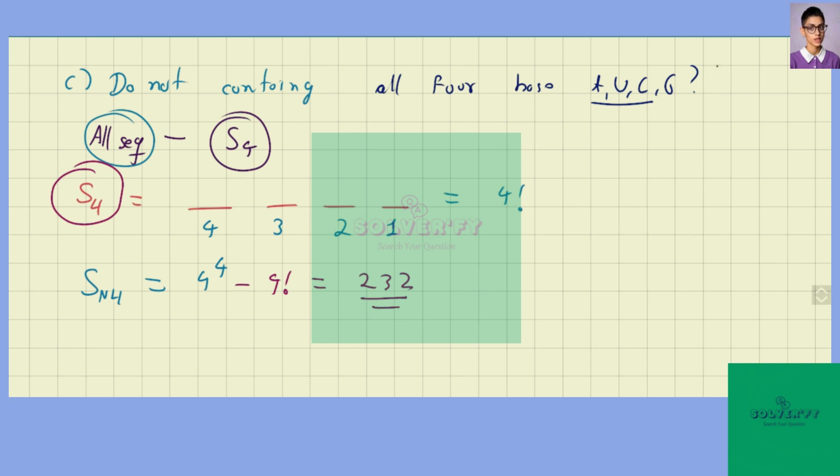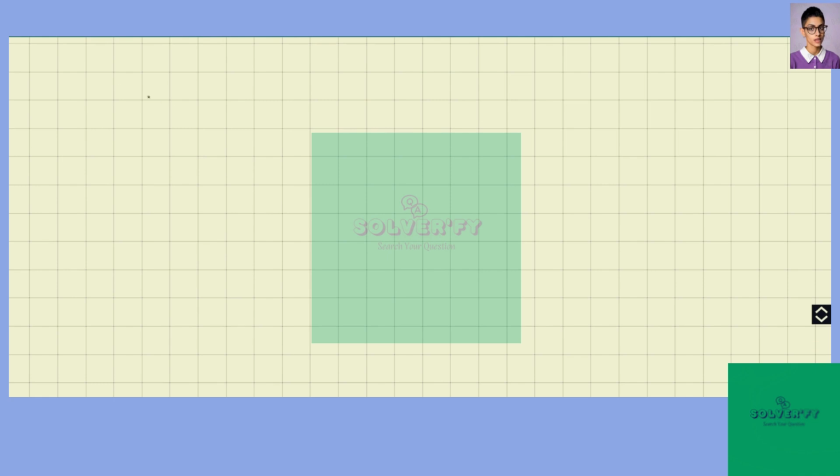And the last thing that we need to count is all the RNA strings that contain 2 of the 4 bases. The bases are A, U, C, and G: adenine, uracil, cytosine, and guanine.